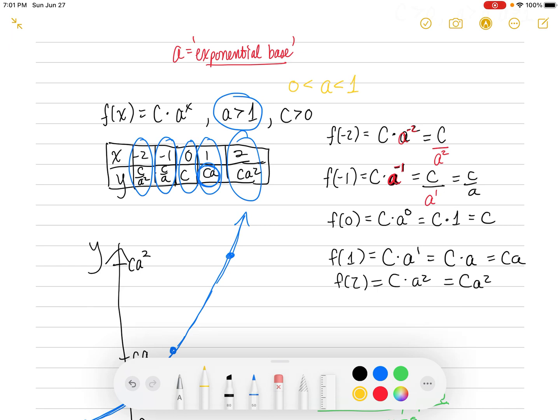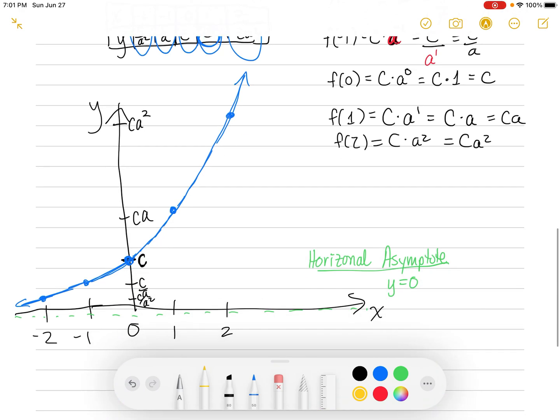Now, the other possibility you could have is your a value between 0 and 1. So rather than a being like 2 or 3 or 4 or 5, a could be like 1/2 or 1/3 or 1/4. In that case, things are going to be kind of reversed.